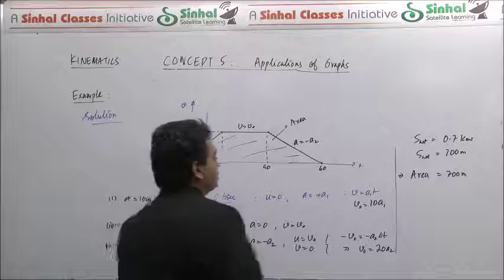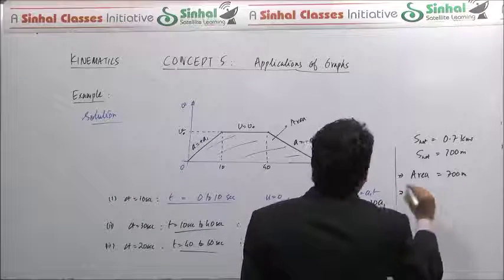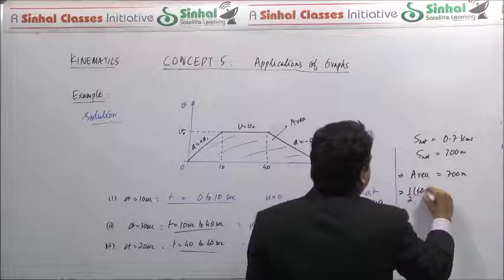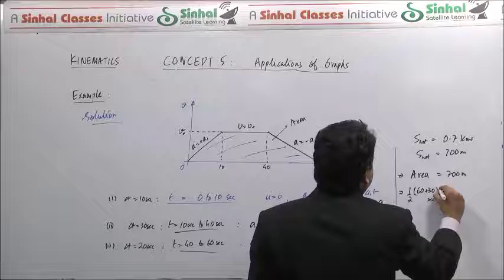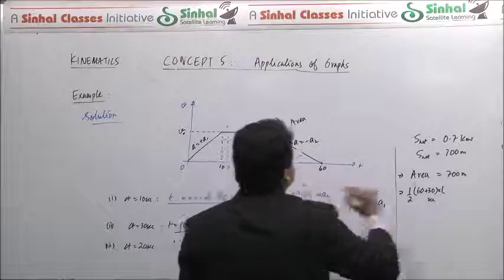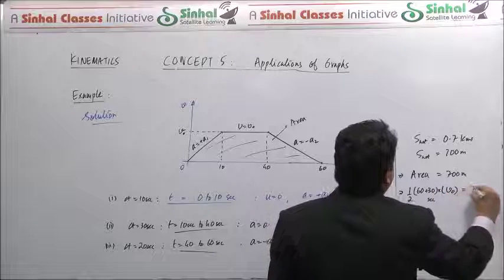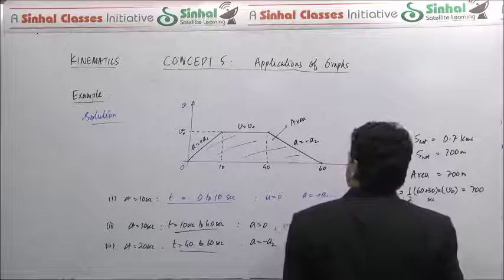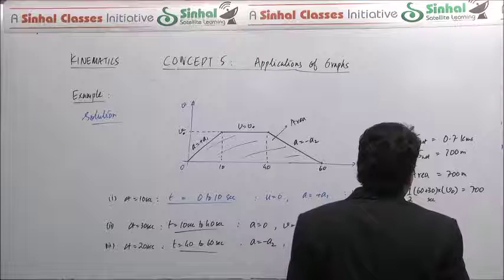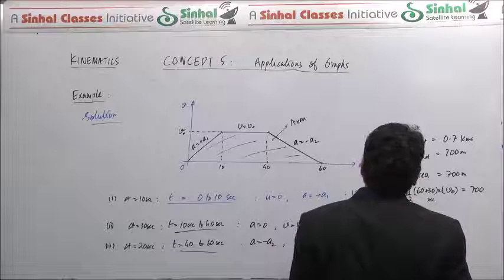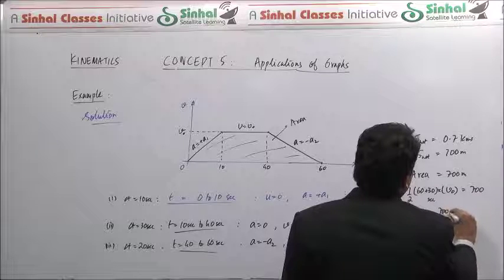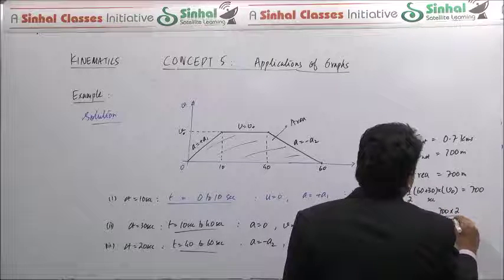The area of the trapezium is half the sum of parallel sides, parallel sides are 60 and 30 in seconds, into the distance between them. The perpendicular distance between them is v0. So that is 700, and we can see that v0 becomes 700 into 2 upon 90.